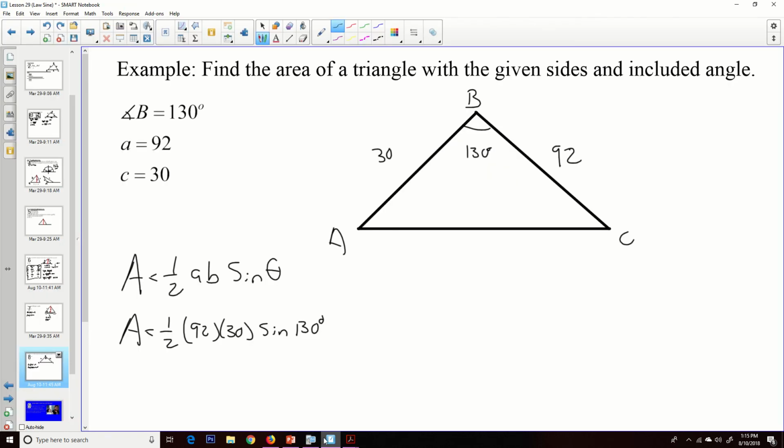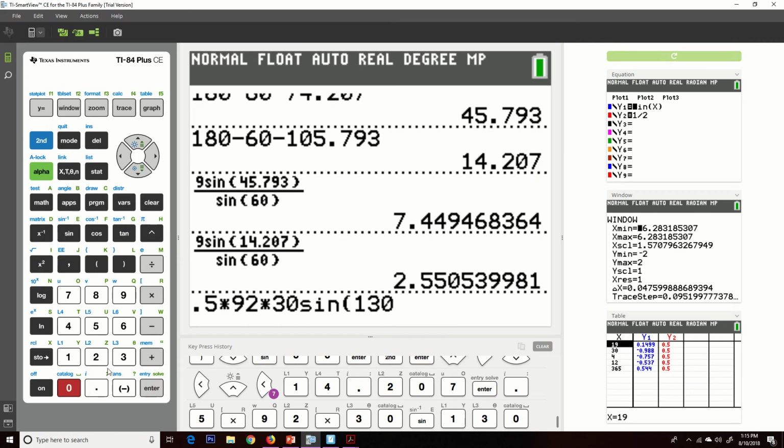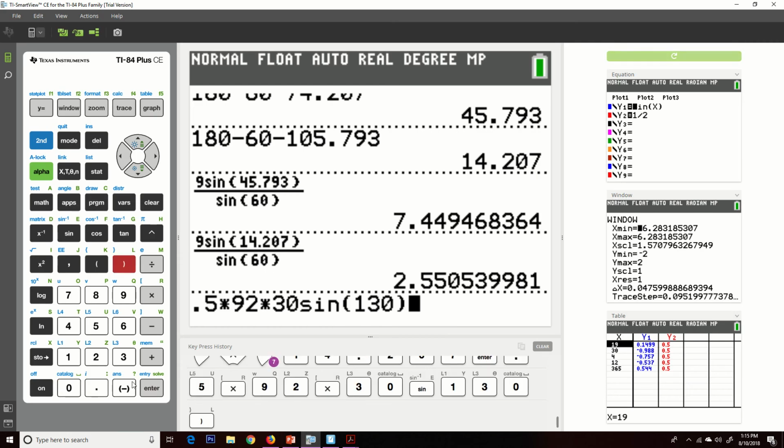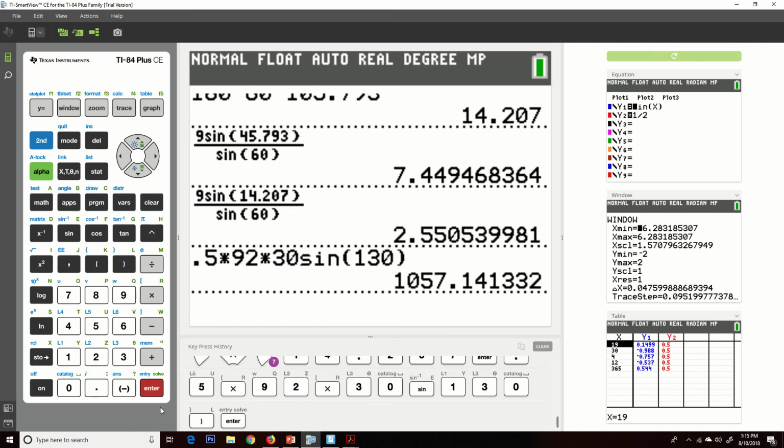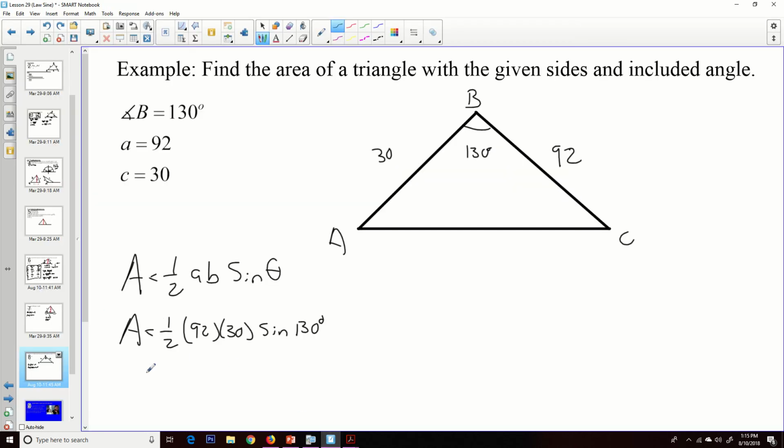Make sure I got that right. Yep. Close the parentheses, hit enter, and so that particular triangle has an area of 1057.141. So A equals 1057.141 units squared.